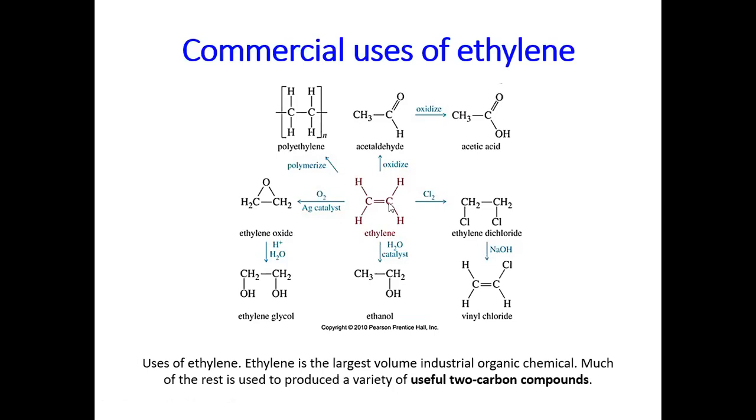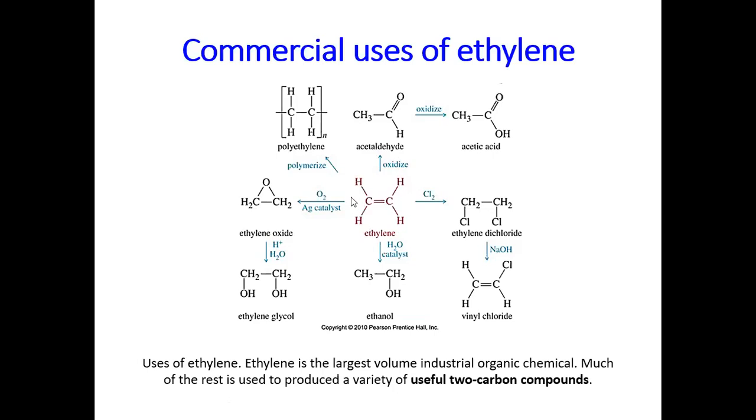So we look in the middle here, ethylene, C double bond C with 4 hydrogens, right? If you look at the upper part, if it's oxidized, it will form acetaldehyde, and if it's further oxidized, it becomes acetic acid.